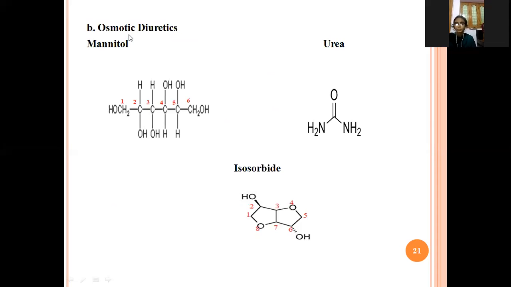Next, osmotic diuretics. The first one is mannitol. See here, 1, 2, 3, 4, 5, 6 carbon atoms are there.